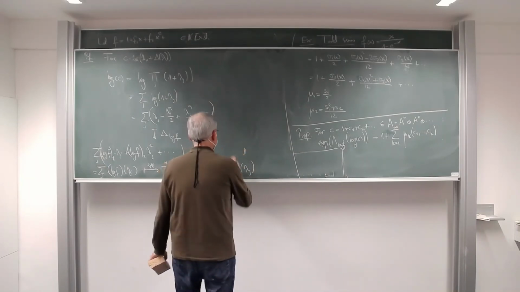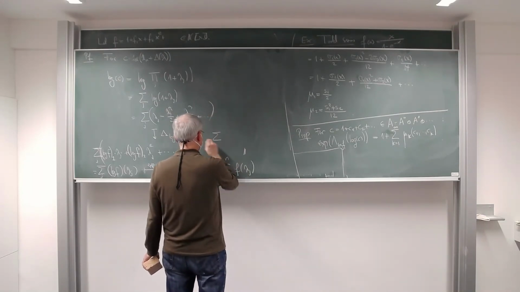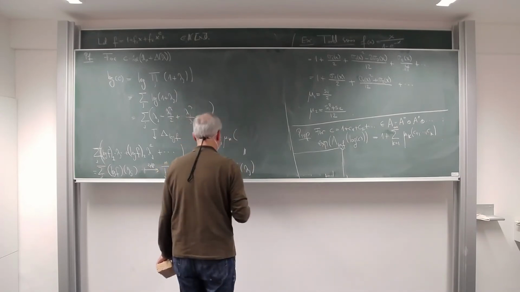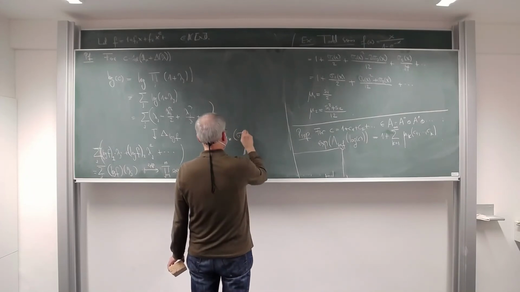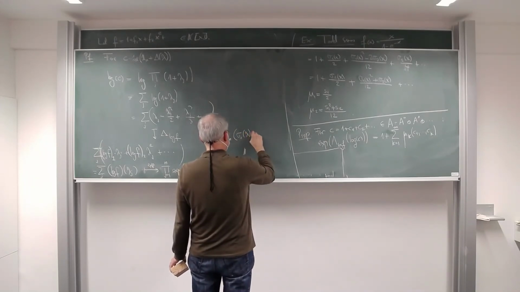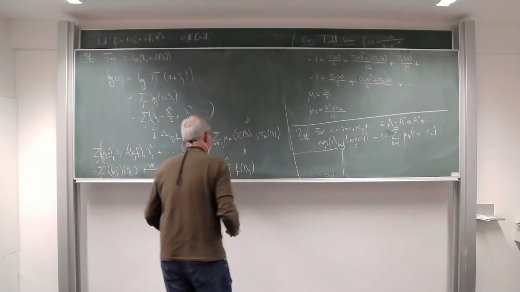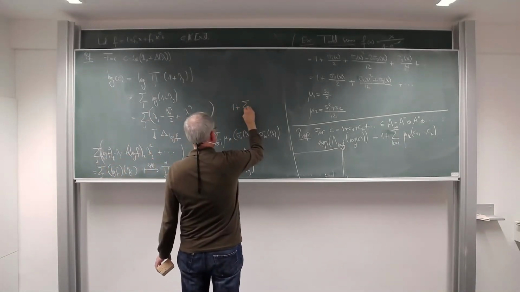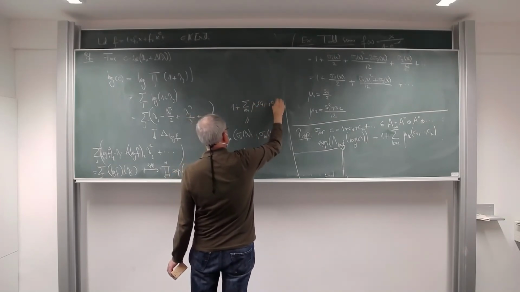So that is, by our construction of the multiplicative sequence, 1 plus the sum over k of mu k of sigma 1 of lambda all the way up to sigma k of lambda, which then will be 1 plus the sum over k of mu k of c1 up to ck.